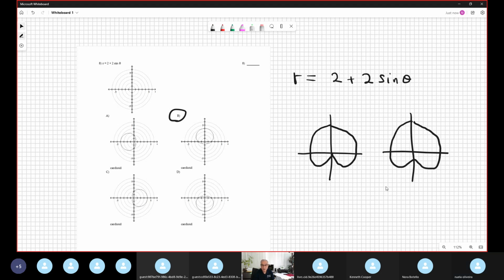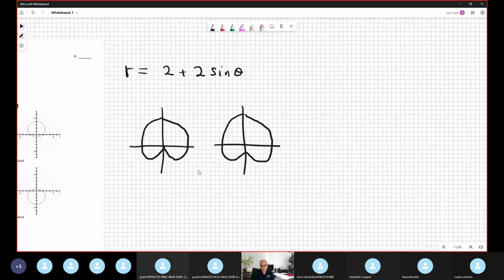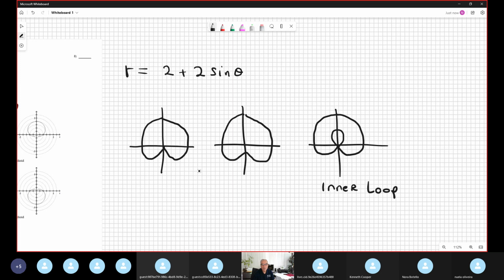Okay, inner loop is something like that. Suppose the same problem, sine, positive. Inner loop is something like that. No inner loop. And cardioid.